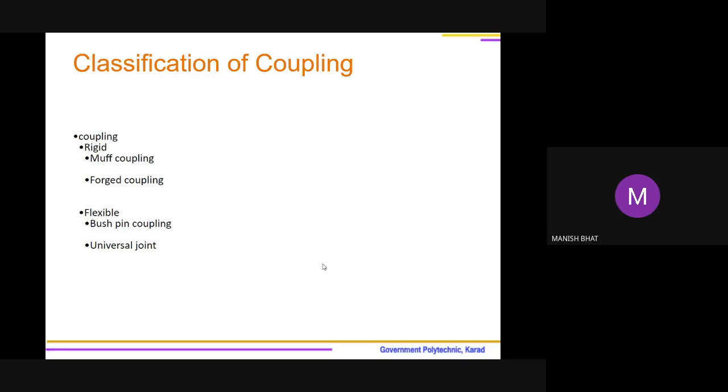Not written here, but rigid couplings are muff, forged coupling, flange coupling, and one of the types of flange coupling, that is protected flange coupling. Flexible couplings also are used, and examples of that are bush pin type of coupling and universal joint, which we have learned earlier. So what is the difference between rigid and flexible coupling?